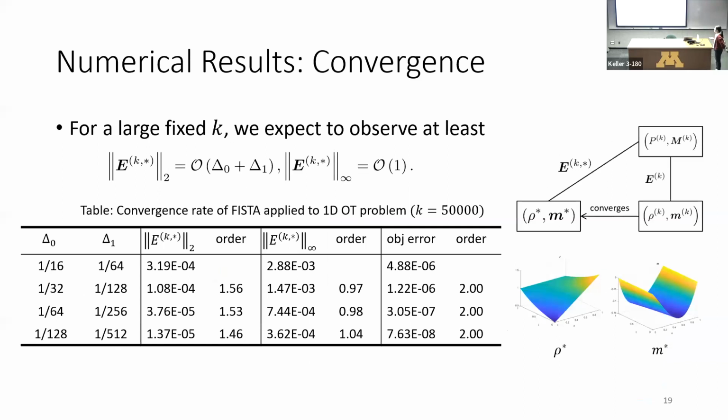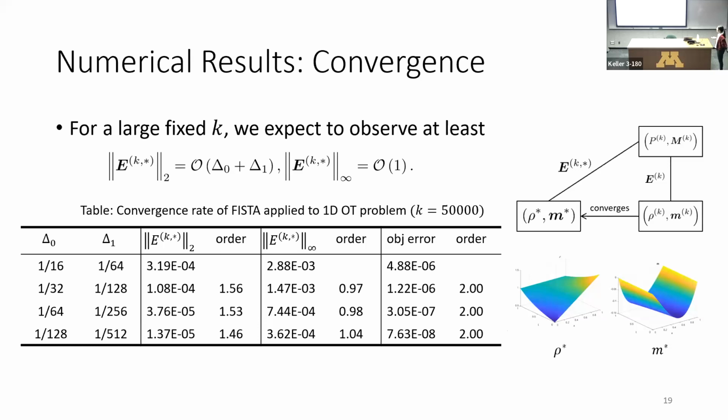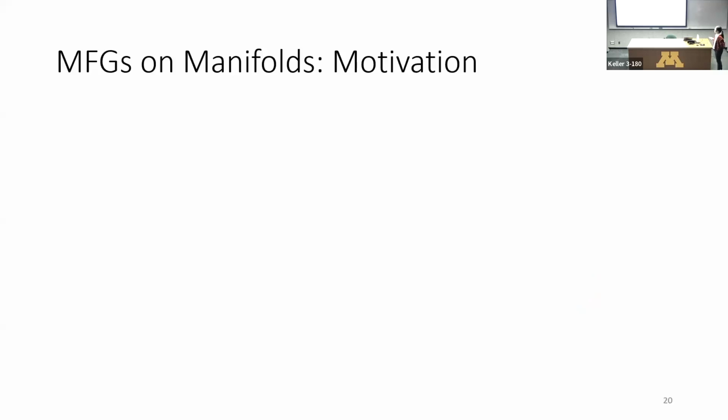And here are the numerical results. We observe a more than first order convergence of the variables rho and m, and we observe a second order convergence of the objective function value. So that's the first part of solving mean field game on low dimensional Euclidean space.